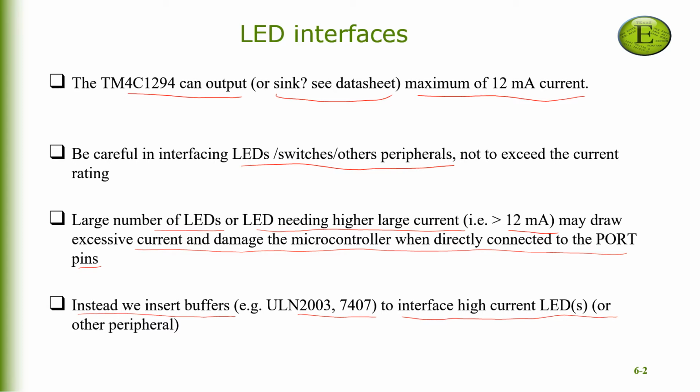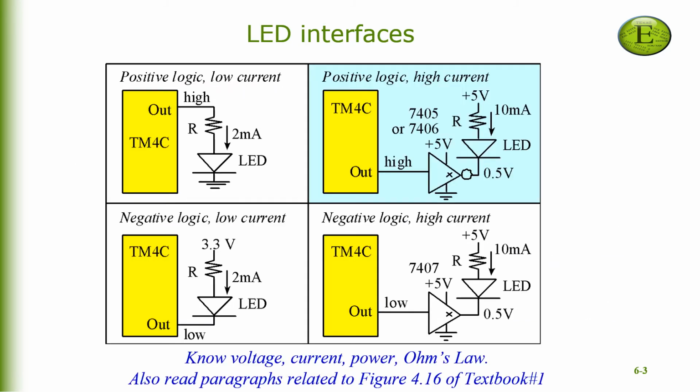And let's take a look with the help of an example. On the left hand side, we have an LED connected to the port pin that requires just 2 milliamps. In that case, we can directly connect that LED to the port pins. Imagine that this is the only LED that we are going to connect to the system. Therefore, we connect this LED directly to the port pin by means of a resistance here.